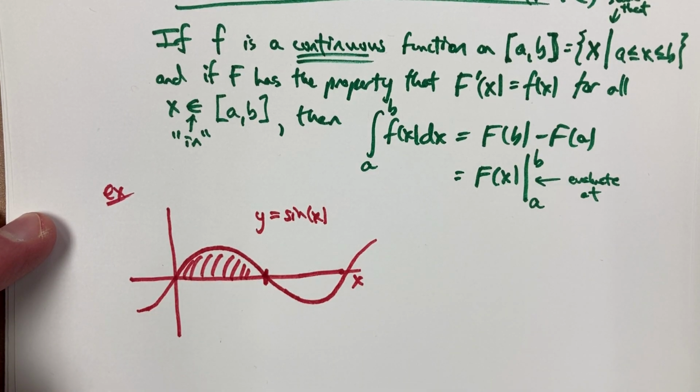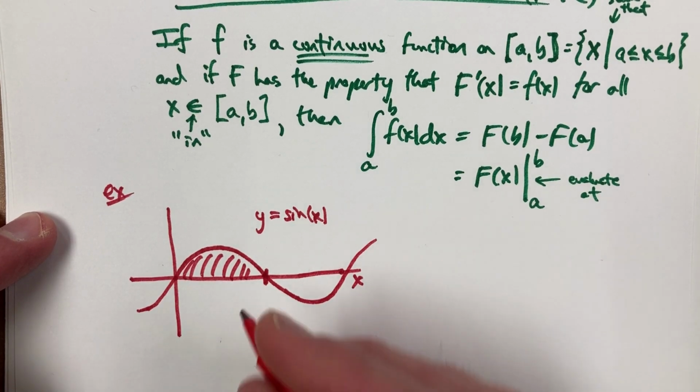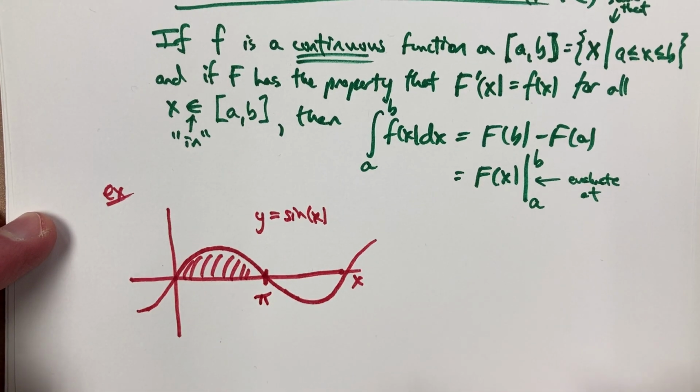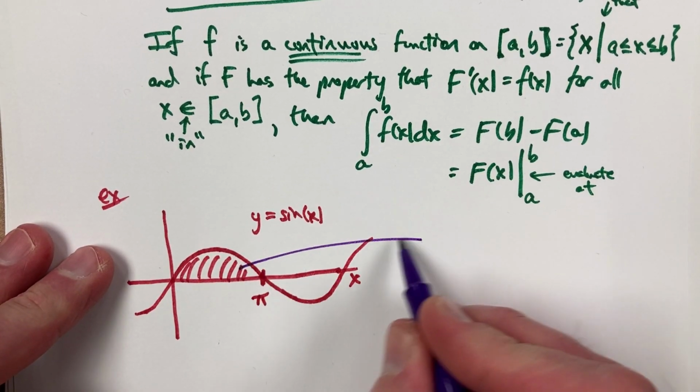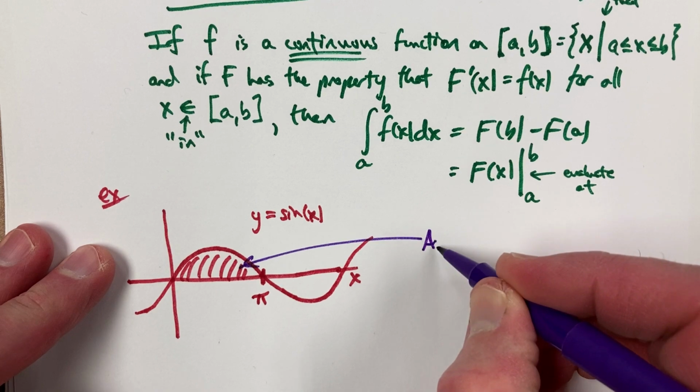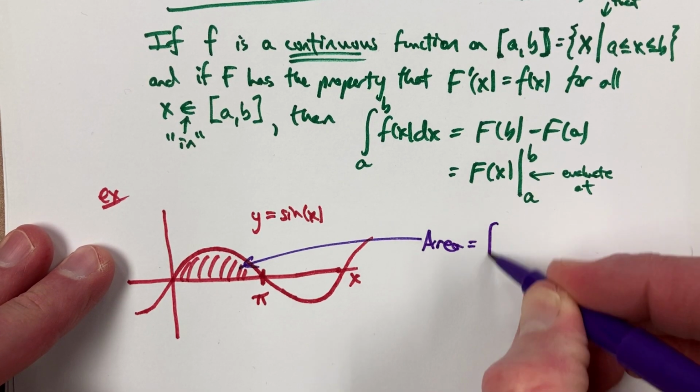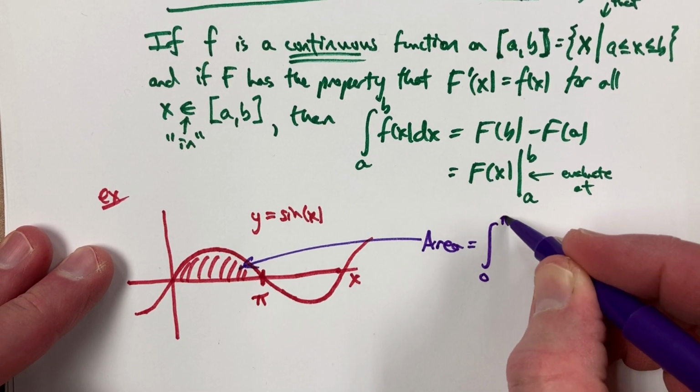What angle gives you 0 again? Pi radians, or 180 degrees. You want to use radians in calculus. So that area is going to be the definite integral of the sine function from 0 to pi.